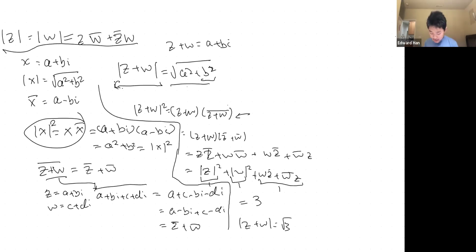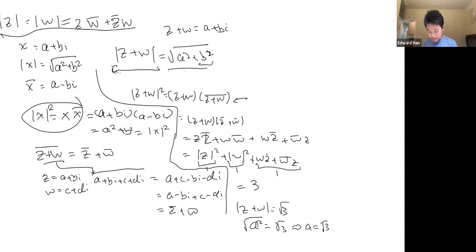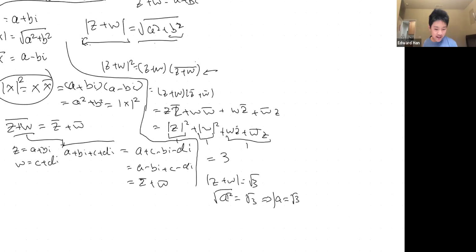So we can safely let the square root of a squared equal root 3, which means that a equals root 3. And so this is the maximum real part, so our answer is root 3. Were there any questions?